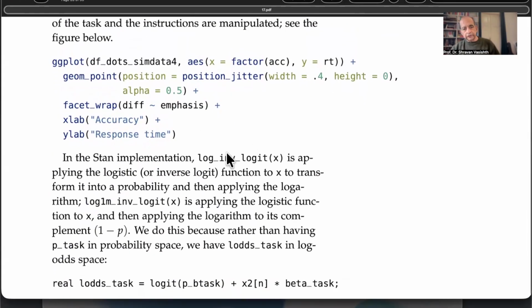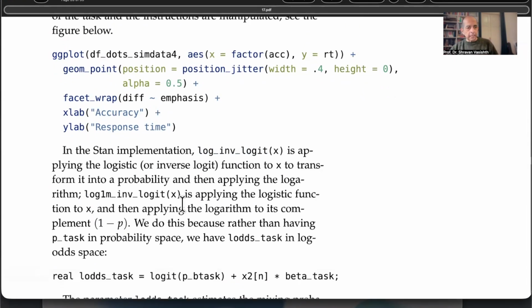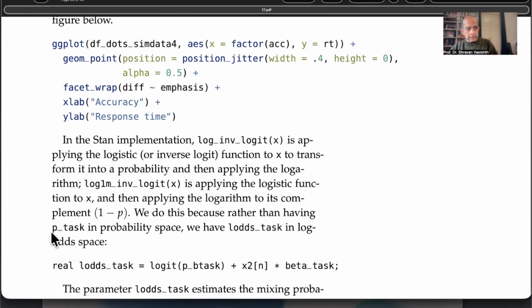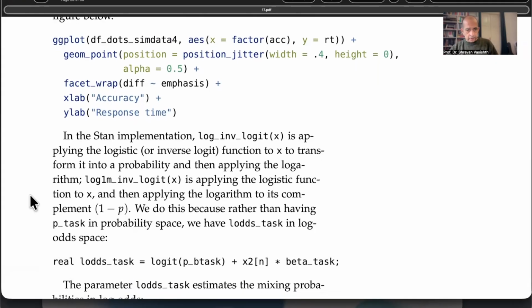We're going to make heavy use of this log inverse logit. Inverse logit is the plogis function in R, and that's the equivalent in Stan, and we'll be applying that. We had seen it earlier, and we will also use something called log 1 minus inverse logit. This is for the case where you want to model a probability.